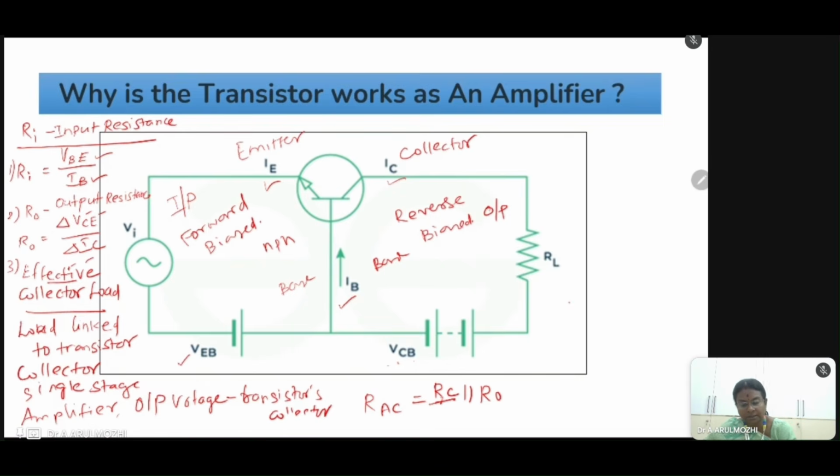So RAC is equal to RC into RO divided by RC plus RO. So the effective collector load for a single stage amplifier is RC and RO combined in parallel.